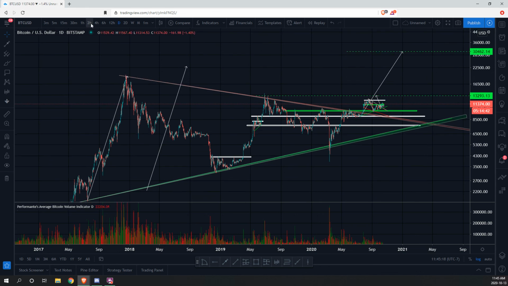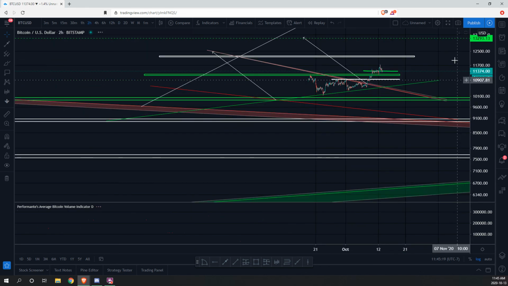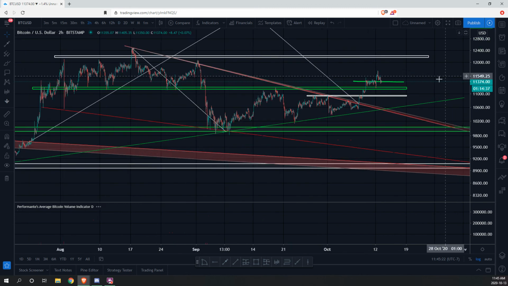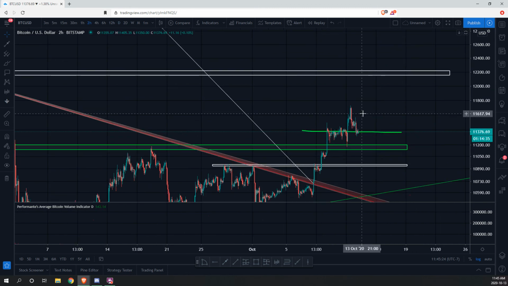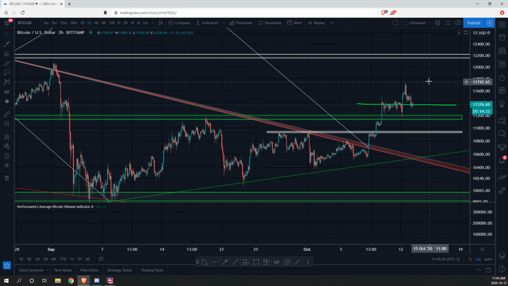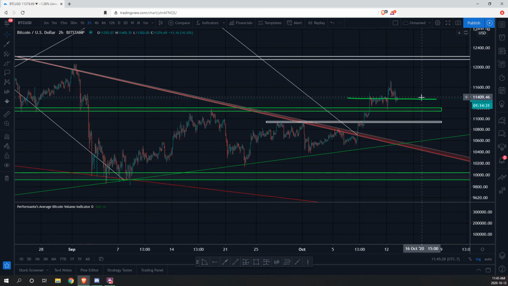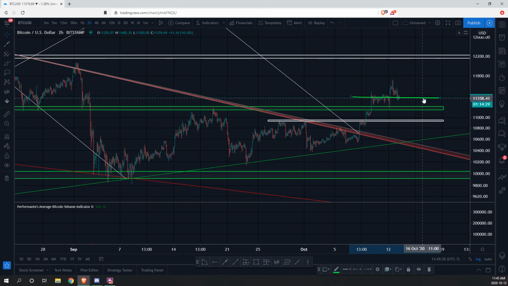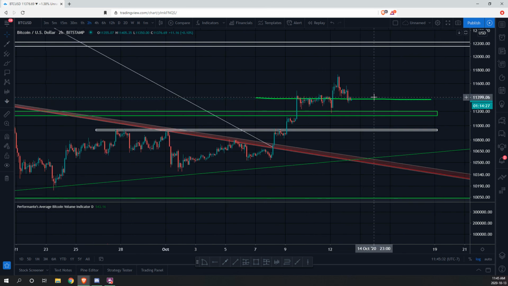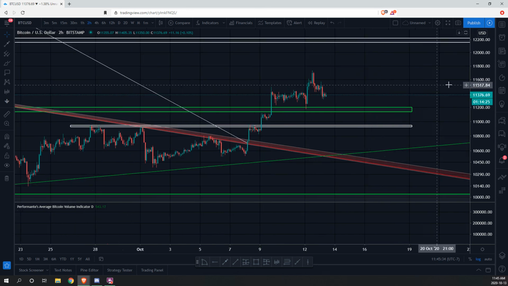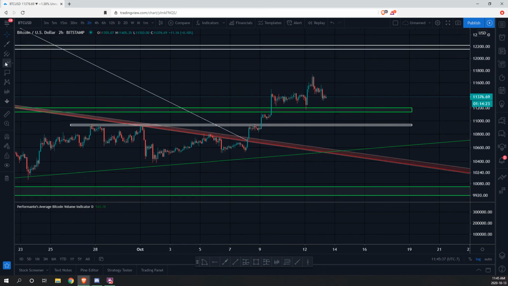So let's now break it down on a 2-hour, although we really can't discuss much more in terms of potential opportunity and just talking about it, because really I am pretty bullish on this. It's a little bit ugly in terms of where the price is right now. What I would ideally like to see is this exhaustive high.